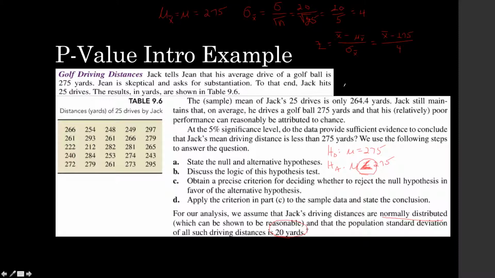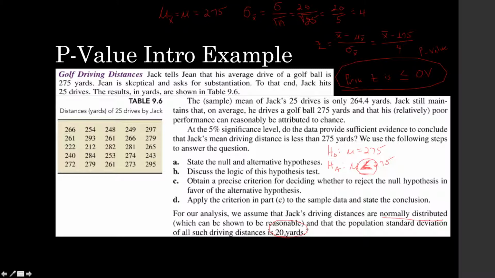So we want to know the probability that the test statistic z is less than or equal to the observed value. This right here, folks, is what we call the p-value. That probability is what we call the p-value. So let's go to the next page and we'll work out the p-value part.